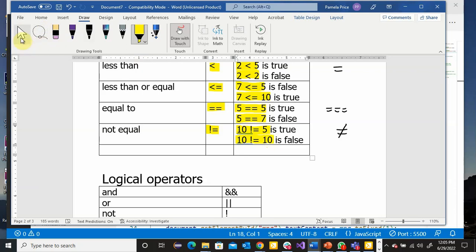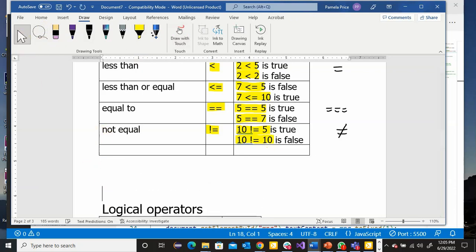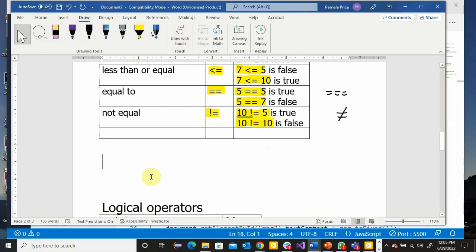All right. Now, I also want to say that you can compare strings in a similar way because there's an order to strings. So if I were to say, is red less than apple, then just think about alphabetical order.